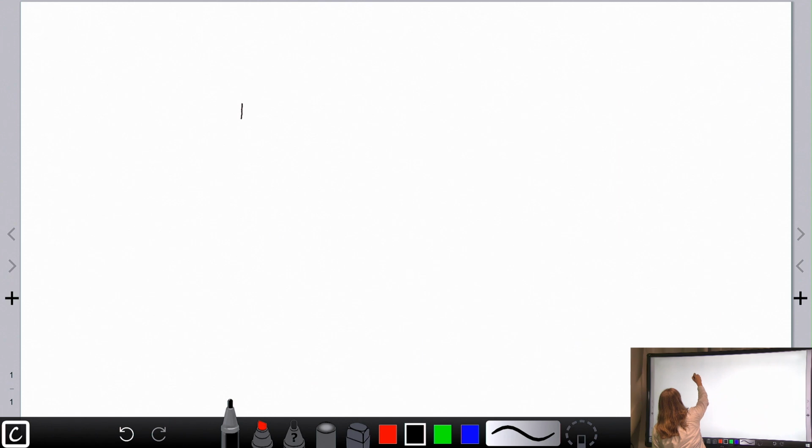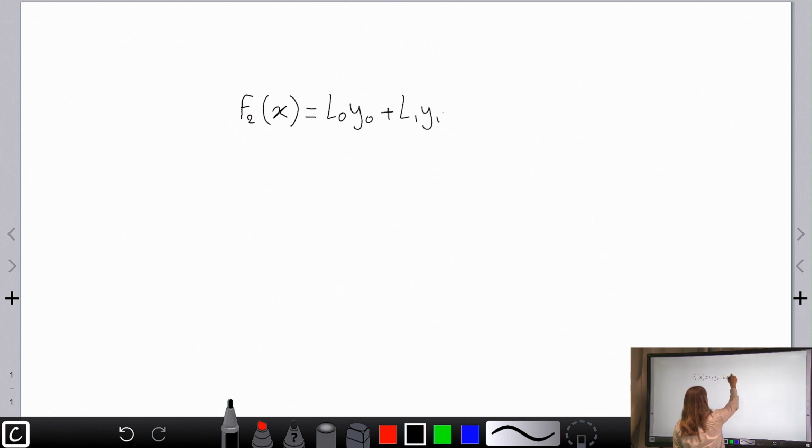So we have f2 of x is going to be equal to L0 times y0 plus L1 times y1 plus L2 times y2. So this is just the general expression of the Lagrange polynomial.